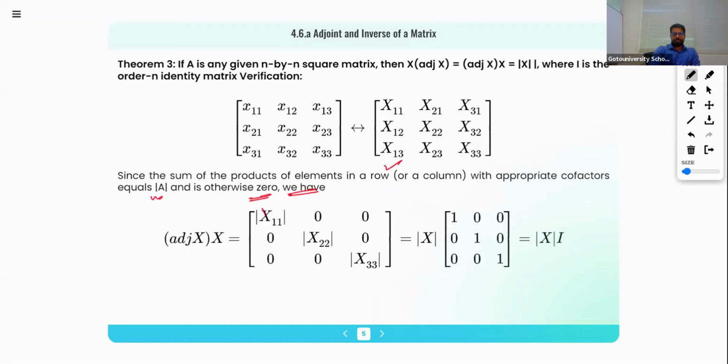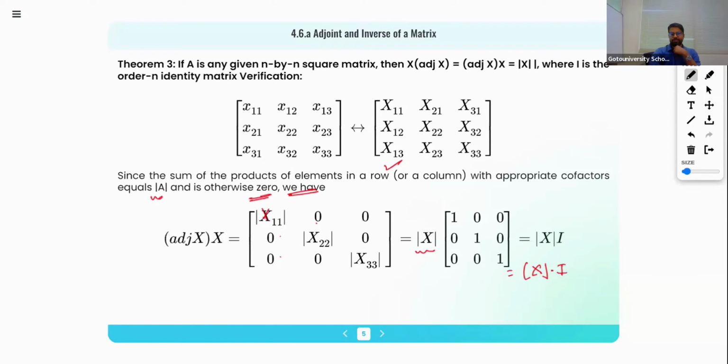This is the cofactor of 1 and 1, so if all the other non-diagonal elements are 0, 0, 0, then we can take this example directly. In the adjoint all the other values are 0, only the diagonal elements have values. Then we can take that value common if they're all equal, and if we take that value common, we'll have an identity matrix. So it is also equal to this.